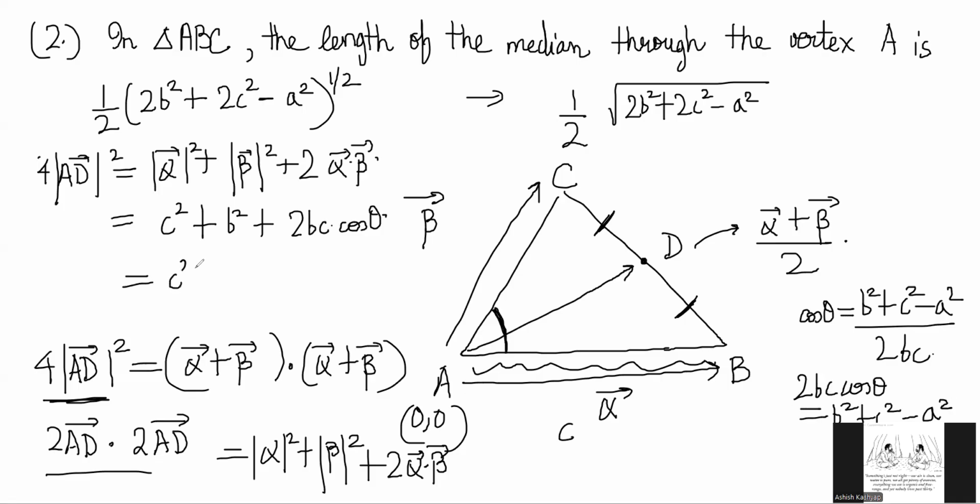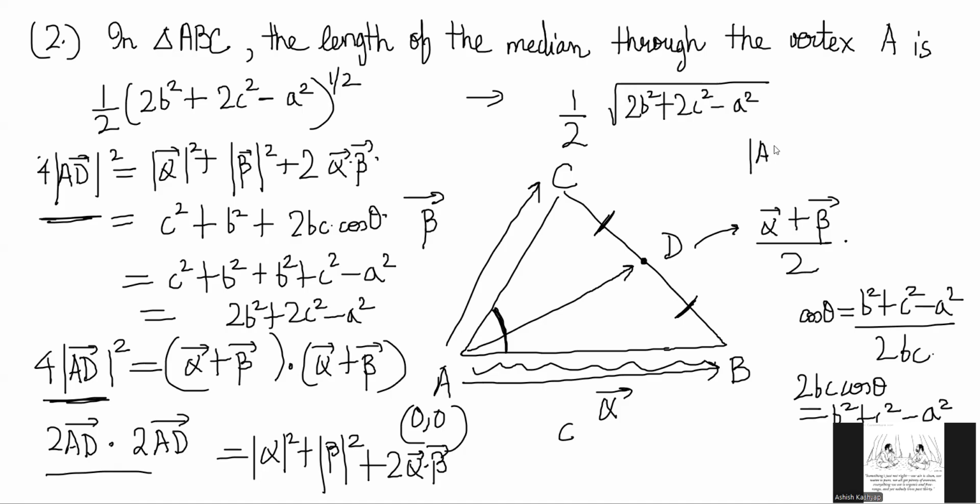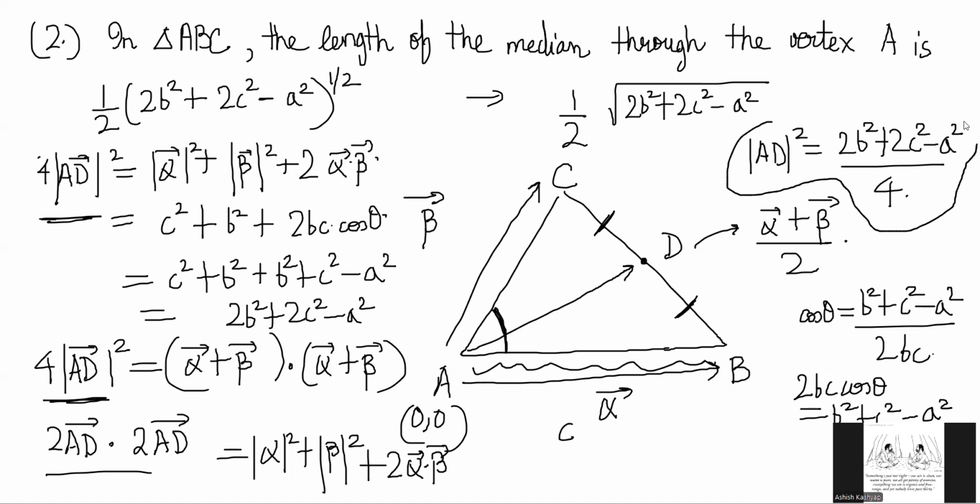So here I can write it as c square plus b square plus b square plus c square minus a square. So I end up getting 2b square plus 2c square minus a square. And now I have this, so I can write mod of AD square is equal to 2b square plus 2c square minus a square by 4. And when you take square root, you will get the required length of the median. And we have proved that this is the length of the median.